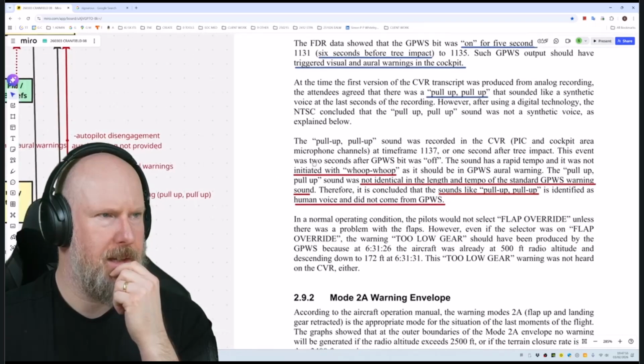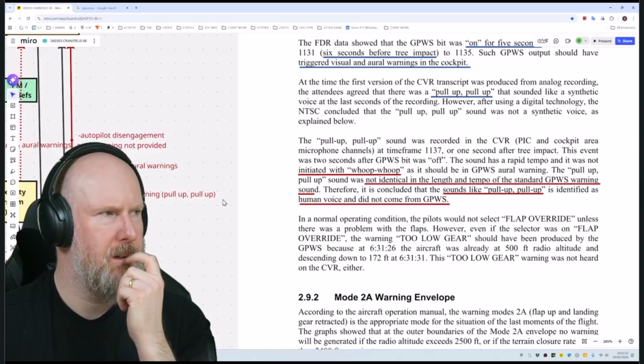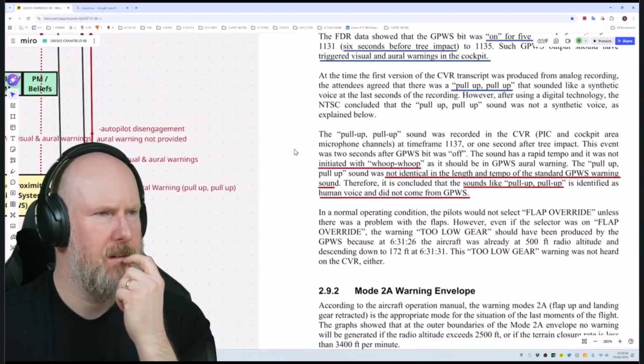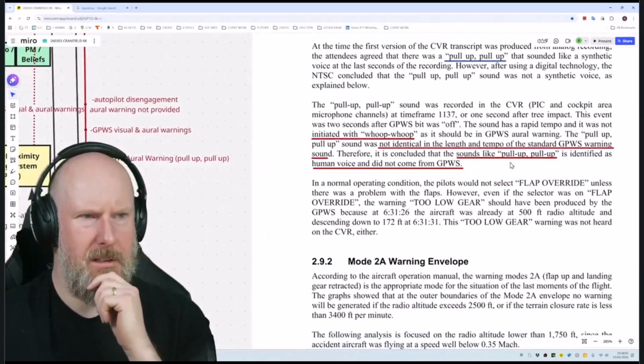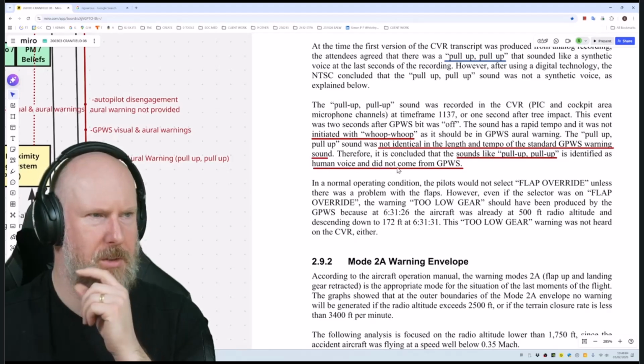This event was 2 seconds after GPWS bit was off. Okay. Therefore, it is concluded that the sound like pull up is identified as a human voice and did not come from GPWS.